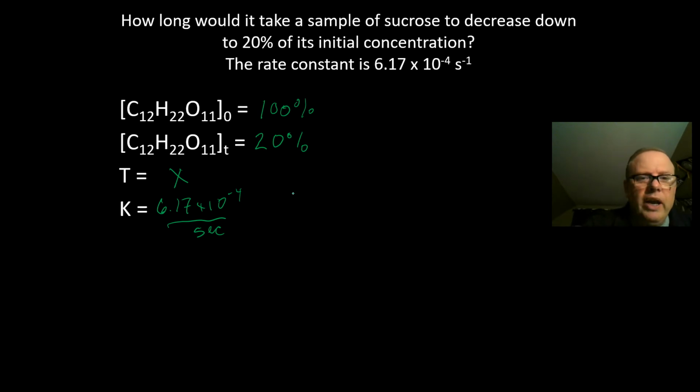So now what I have is this. I have the ln on the top, the concentration, and I'm just going to sub in the letter A for the sucrose here.